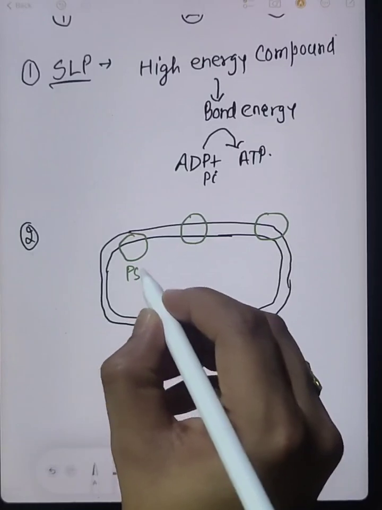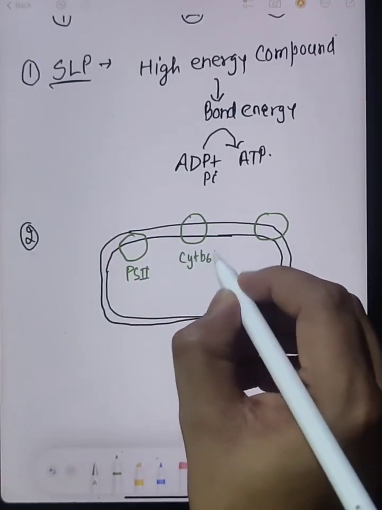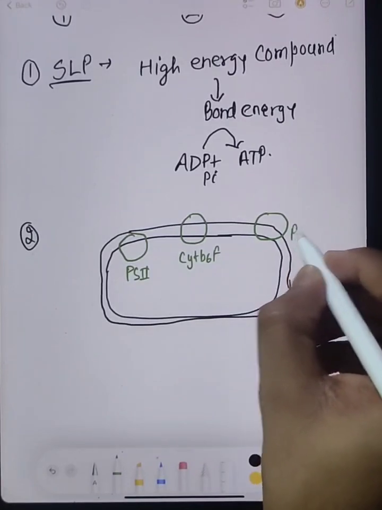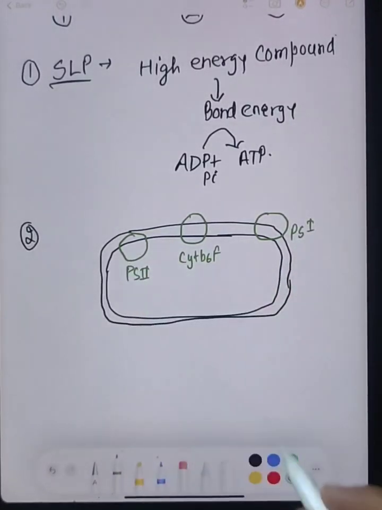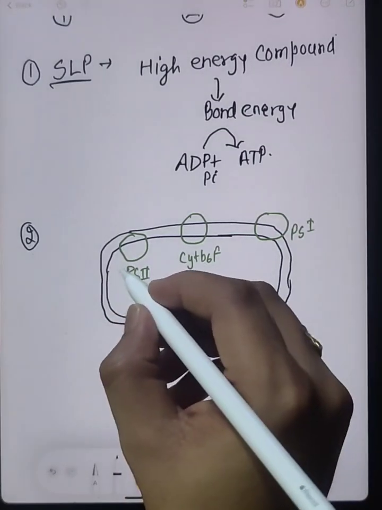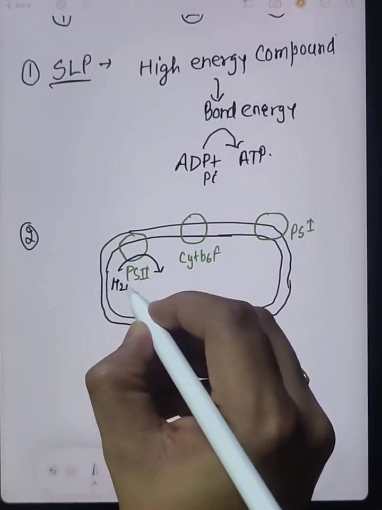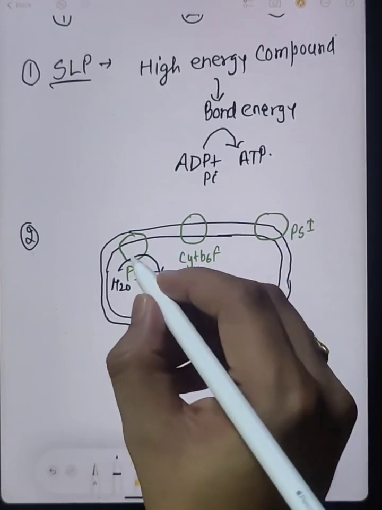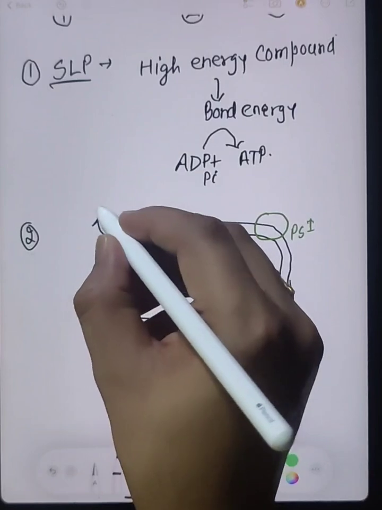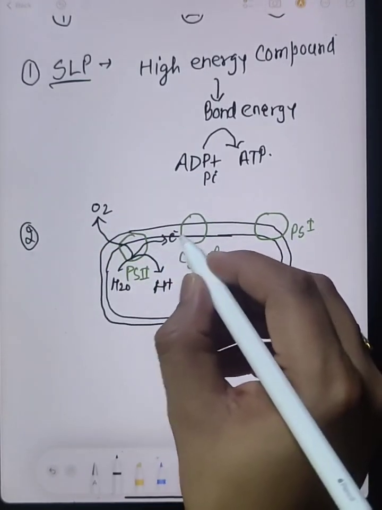This is photosystem 2, this is cytochrome b6f, and this is photosystem 1. During this transfer of electron from photosystem 2 to 1, when water is broken here, protons are collected in this place, O2 is released in the environment, and electrons are transported.